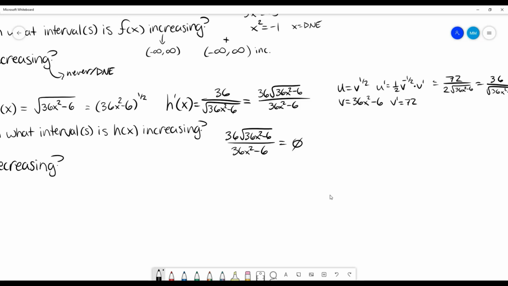So when does 36x squared minus 6 equal 0? Well, 36x squared equals 6. X squared equals 1/6. Therefore, x equals plus or minus the square root of 1/6.